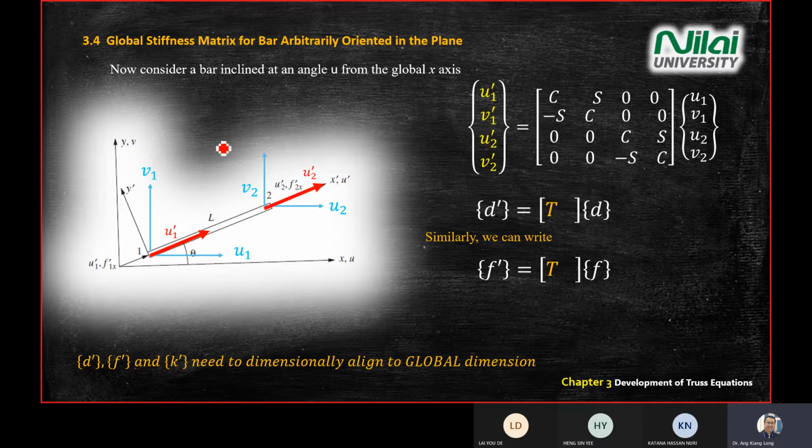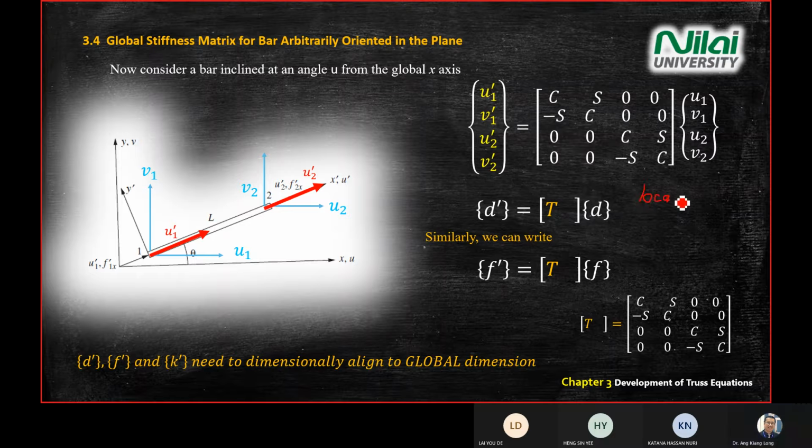The yellow color axis, and then the global on the right means the blue color axis that you see, or the XY axis. So today what is important is that for the transformation between local and global, you can use this 4 times 4 transformation matrix. You need to know that on the left is local, on the right is global.